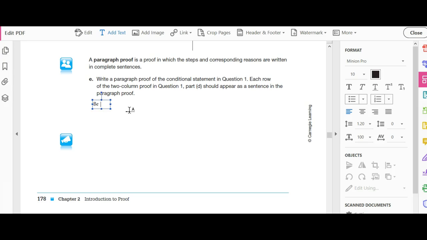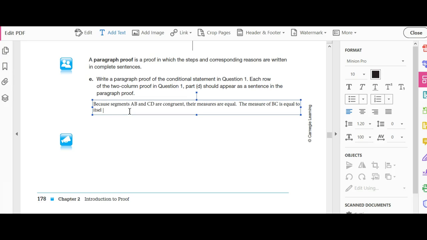So I would say, in some kind of a sentence, because segments AB and CD are congruent, their measures are equal. The measure of BC is equal to itself by the reflexive property.